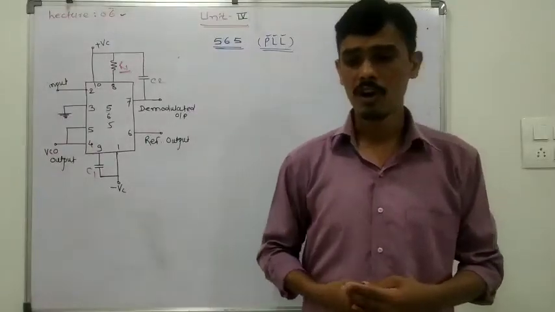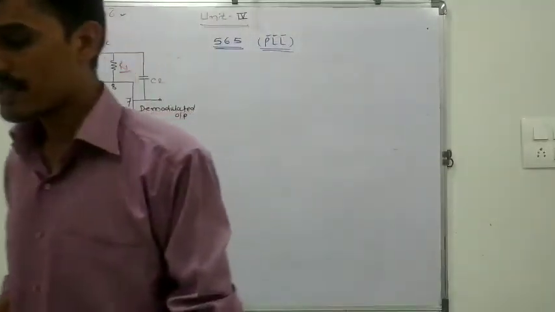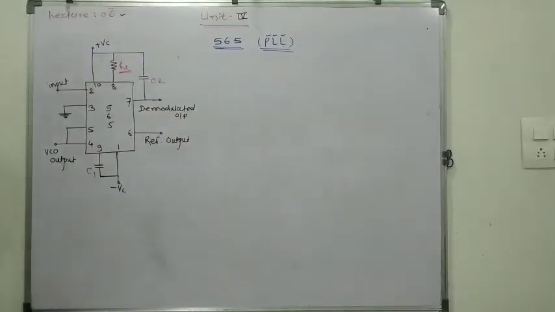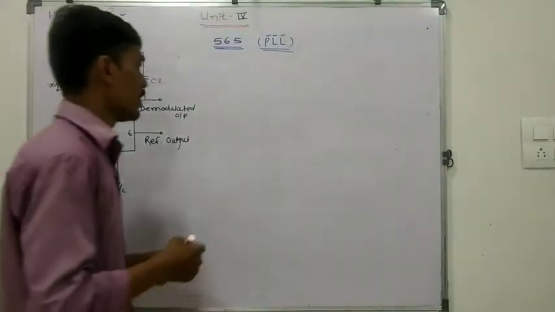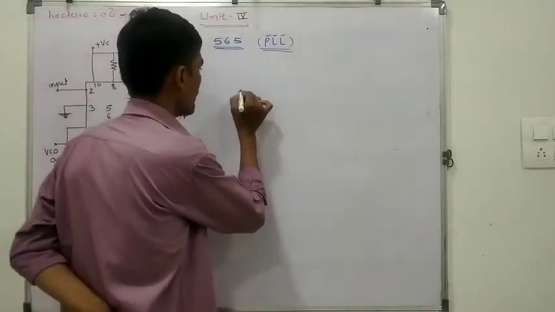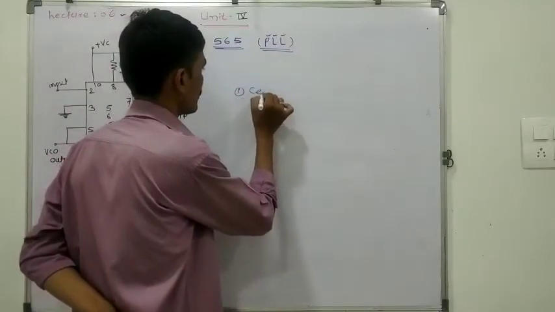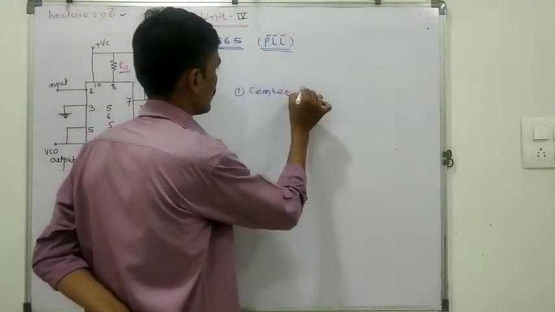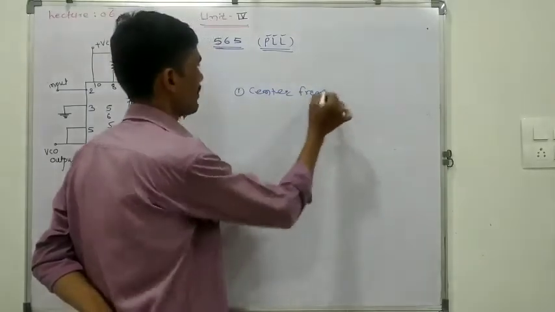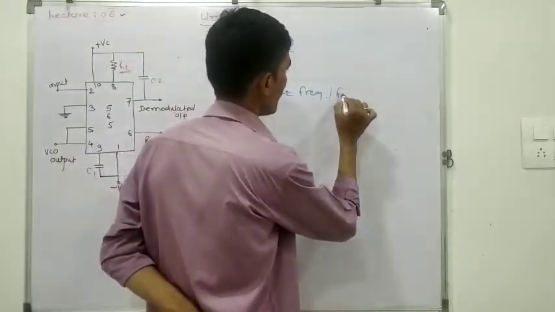Now when we talk about the PLL, there are 2 to 3 terms that we have to understand. First is the center frequency, or we can say free running frequency.